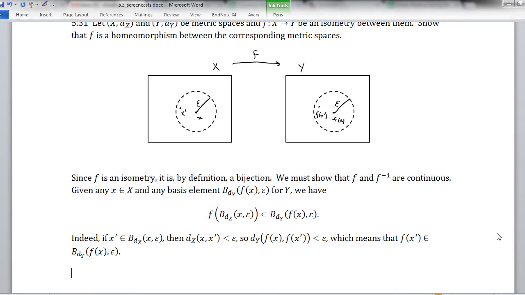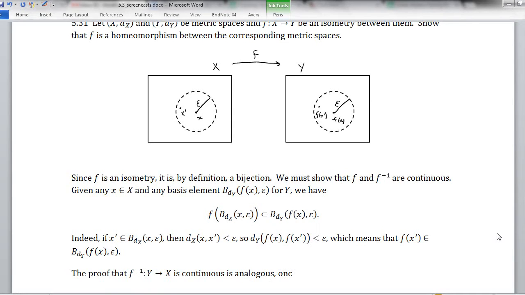What about f inverse? Well, it's basically analogous. The proof that f inverse from Y to X is continuous is analogous.